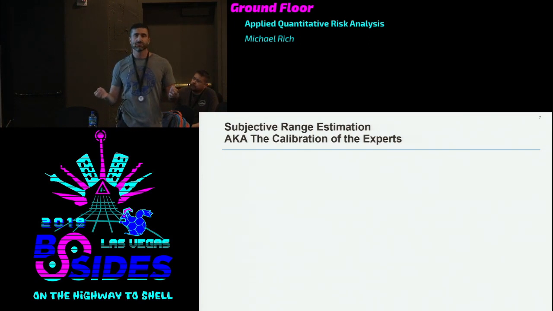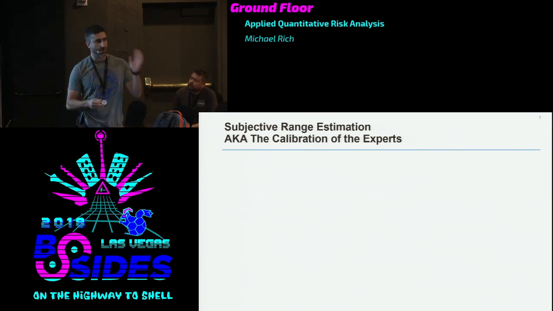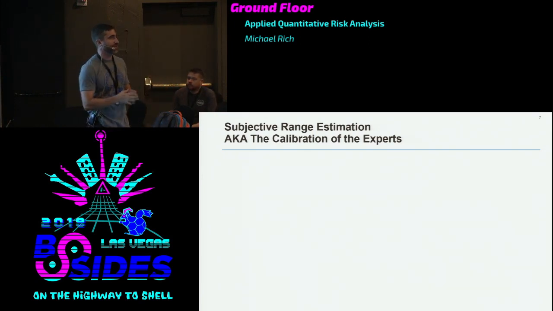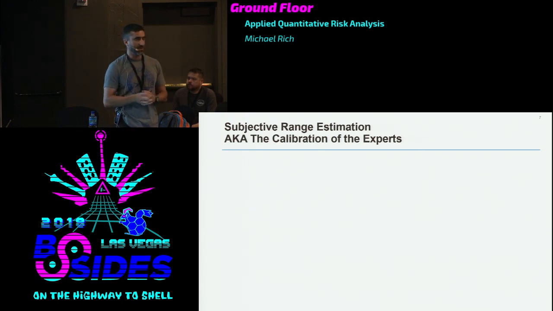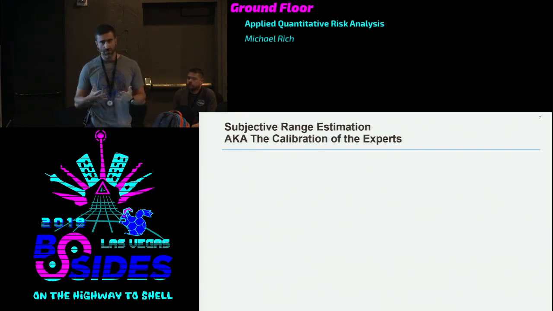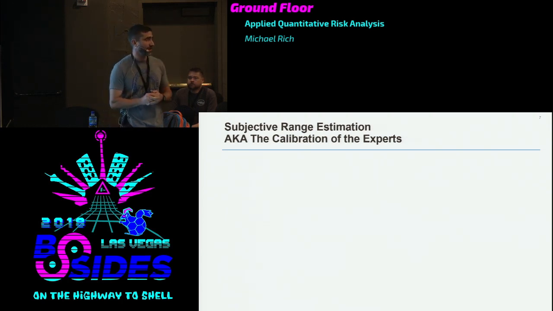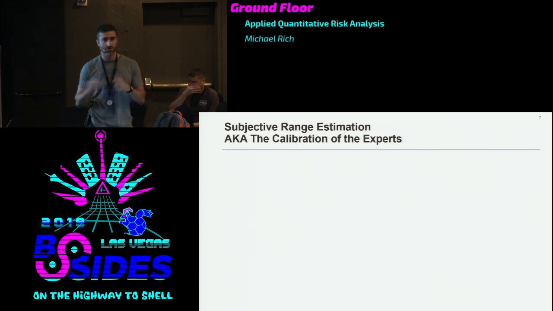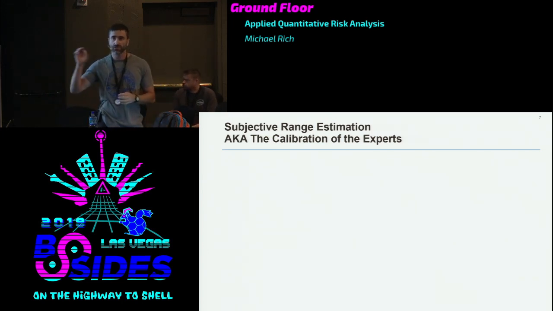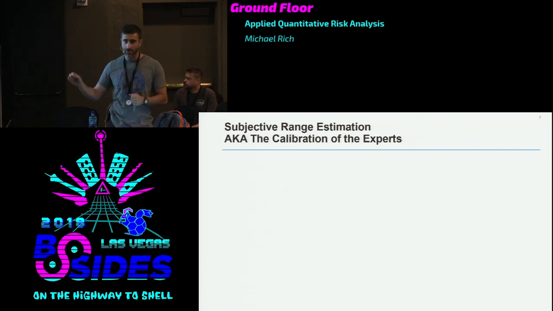Okay, picking the numbers. How do you pick your numbers for that lower bound and upper bound for things you don't understand and don't really know, like the impact of a breach? Very difficult to pick those numbers. One thing I didn't cover real quick is I'm going to do all of my breach effects in cost. I use almost nothing but dollars because that's what businesses work on. However, in a previous life, I worked for a defense contractor on an Air Force weapons system, and I attempted to start tying cyber breaches to the root mean squared error that weapon system may expect with a cyber breach.